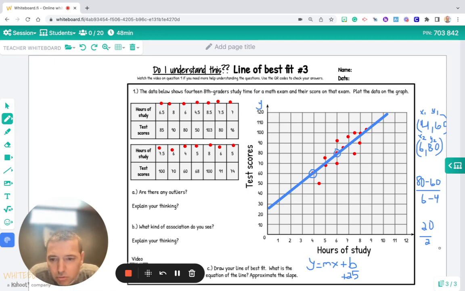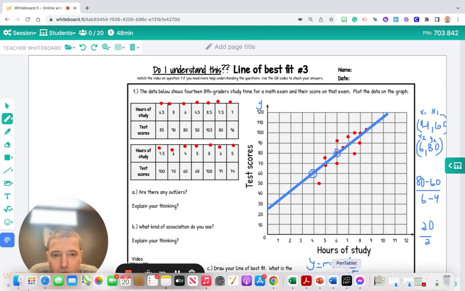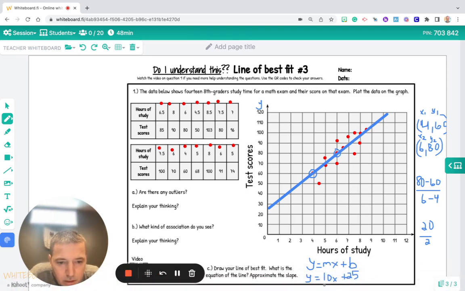And 20 over 2 simplifies to 10 over 1, or 10. So I think my equation would be y equals 10x plus 25. So I drew my line of best fit. Here's my equation. All right, I hope that helps you a little bit.